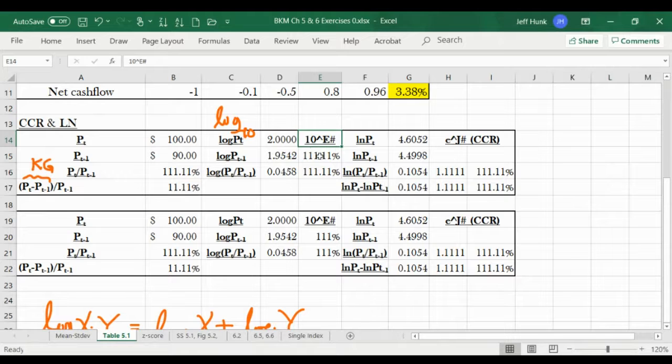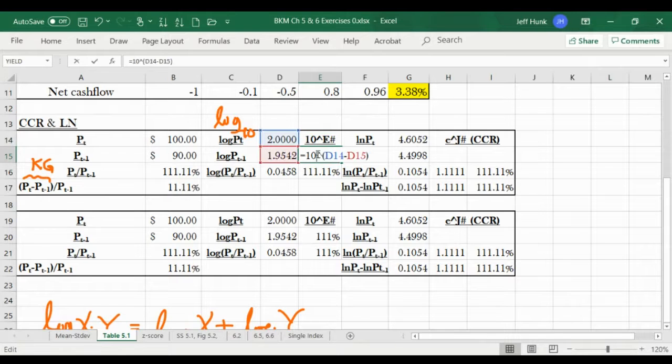And if you raise 10 to these exponents, right?